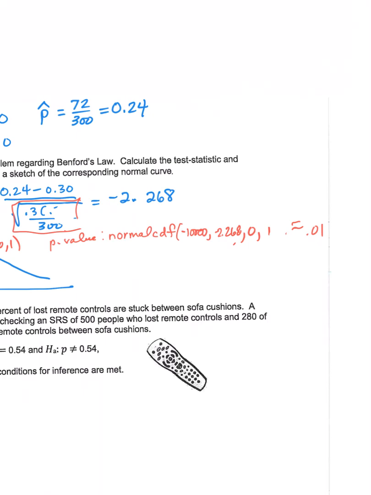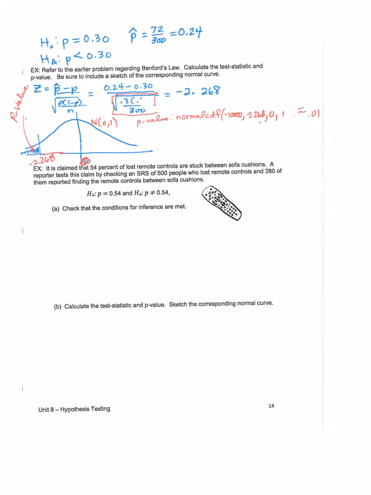Now, if we had to make a decision based on this, how would we make the decision? What would we compare? We compare our p-value, which is 0.01, to our alpha level, which I believe we said was 0.05, didn't we? Significance level? Is it bigger or less than? It is low, isn't it?